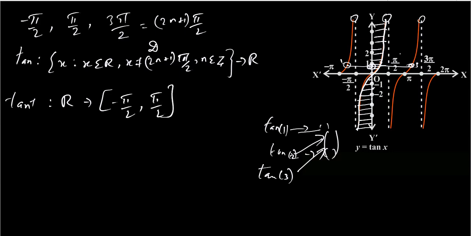In the same way, if we take from plus pi by 2 to plus 3 pi by 2 also, we are getting unique values. So tan inverse exists in this range also, that is, tan inverse from the whole set of real numbers to plus pi by 2 to plus 3 pi by 2.